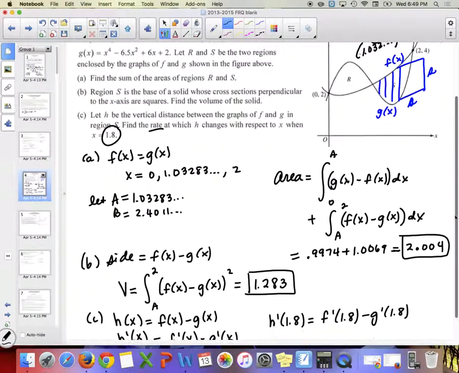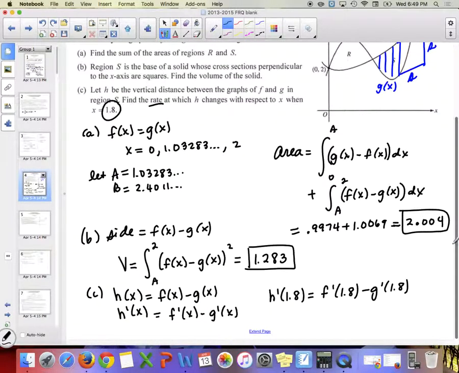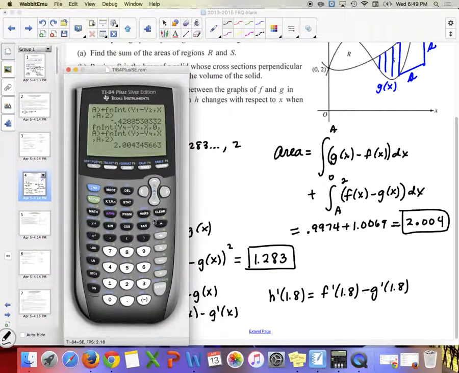But if we have our calculator, I would just use my calculator, right? So I'm going to go to my main screen, and I'm going to do math 8, which is n deriv. And I'm going to find the derivative of f at 1.8. So I'm going to do vars, y vars, function, and like I said, this was in for y3.